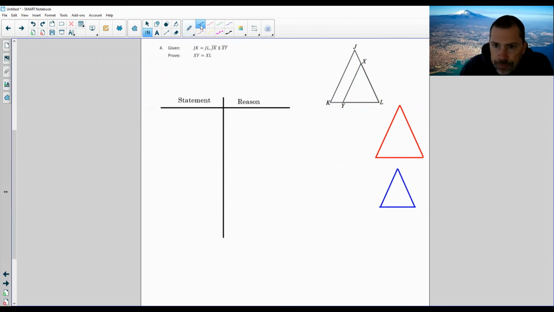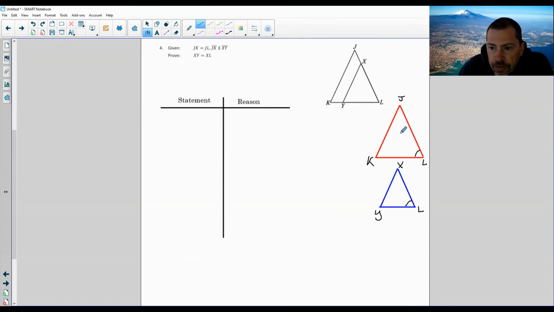Okay, so this was J, K, L. This is X, Y, L. We want to prove XY is congruent to XL. So they share L. These are the things that I look at first.